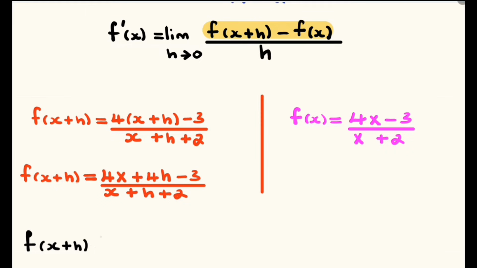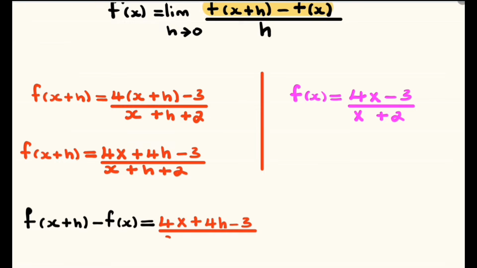In the numerator of the formula for first principle, f of x plus h minus f of x is equals to, the f of x plus h is equals to 4x plus 4h minus 3 divided by x plus h plus 2 minus f of x, and our f of x is equals to 4x minus 3 divided by x plus 2.